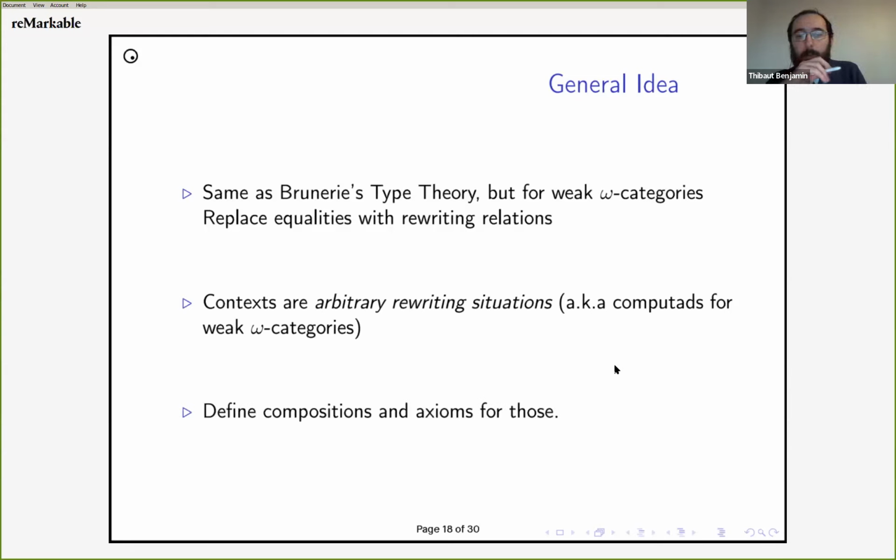And we can define compositions and axioms for those the same way we did for Brunerie's type theory. With the description of the context, so the description of the types really, and the description of the axioms and compositions, which are term constructors, we get an algebraic structure, which will be the algebraic structure of weak omega categories.